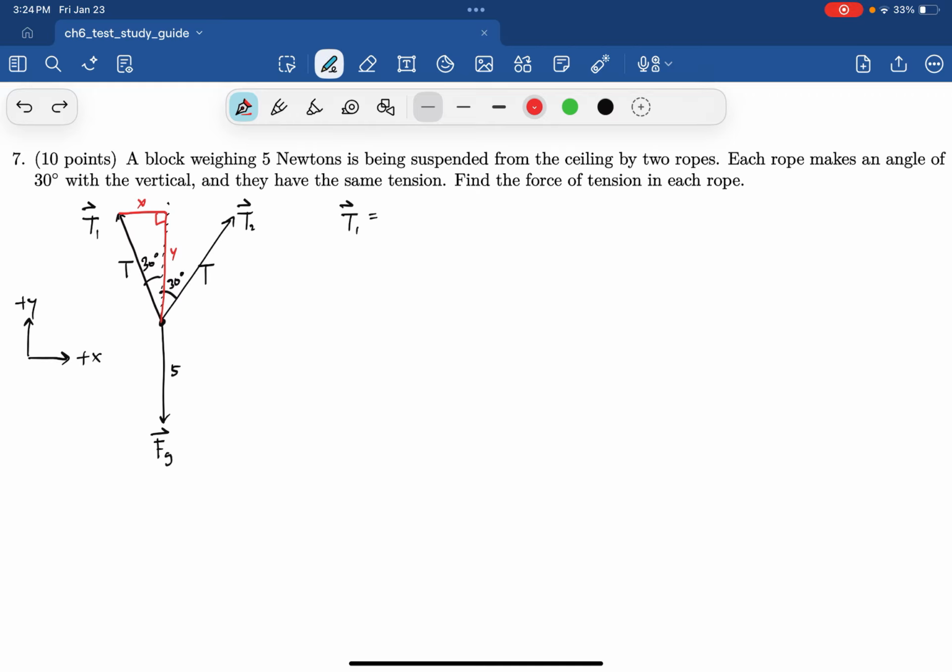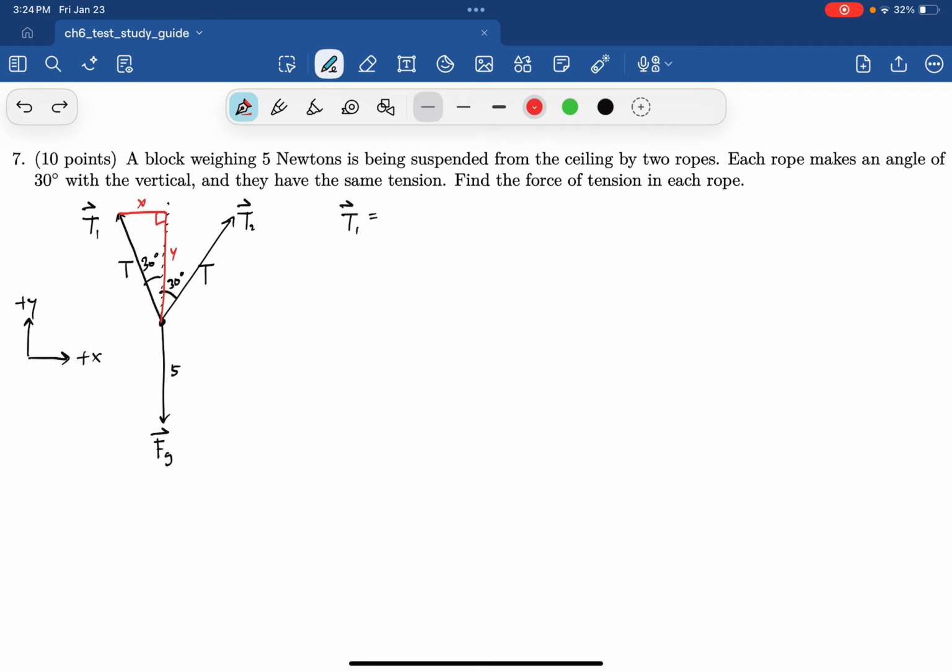And then you manually adjust the positive or negativeness of the components depending on what you've already determined to be the sign. Okay. So, for example, T1, we know it points to the left, so x should be negative.